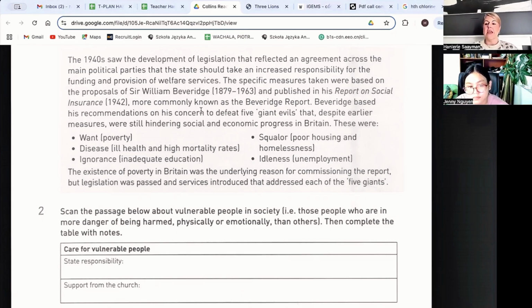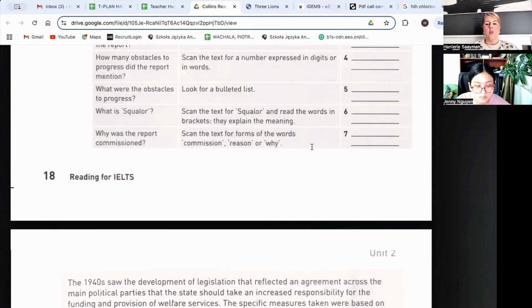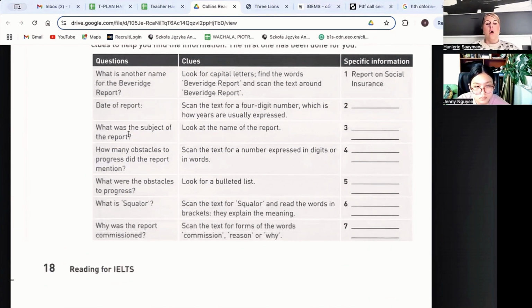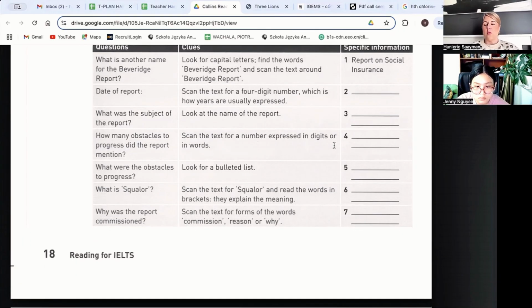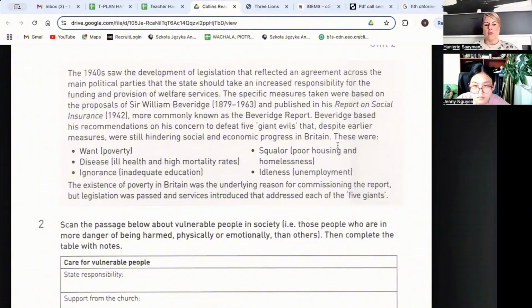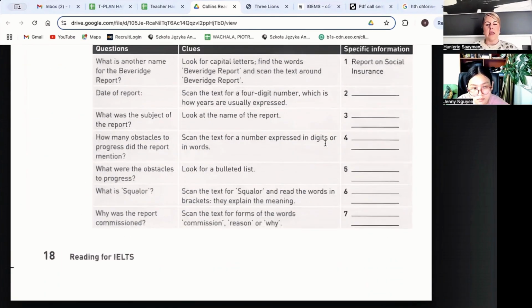Report on social insurance, yes, 1942. Well done. What was the subject of the report? Look at the name of the report. What was the subject of the report? The Beveridge Report. But the report was on? Social insurance. Social insurance, yes.